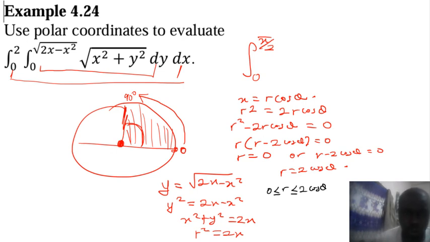So we can also write that as the integral from 0 to 2 cos theta of the given function. Remember that x squared plus y squared is r squared. So we will have root of r squared. Then dy dx in polar coordinates gives us r dr d theta.